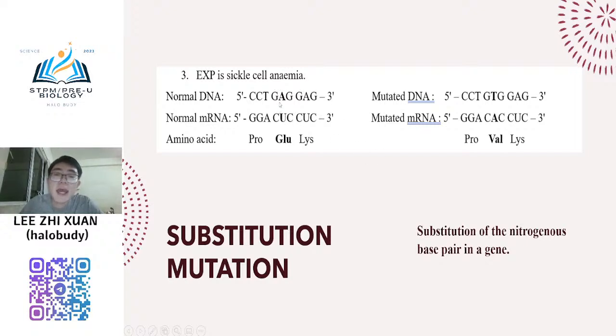If you see here, the normal DNA is CCT GAG. However, you will find that the T here becomes A, and the A here becomes T.